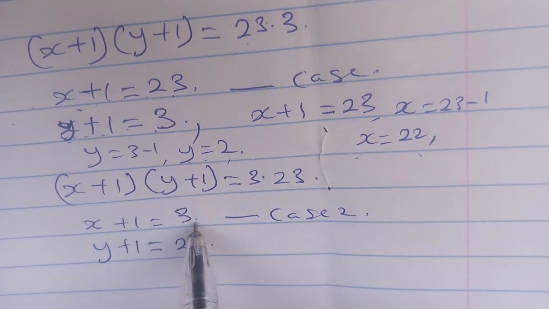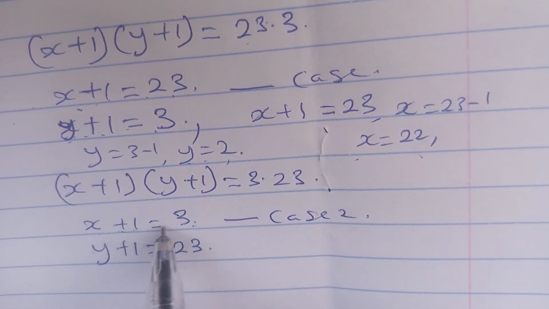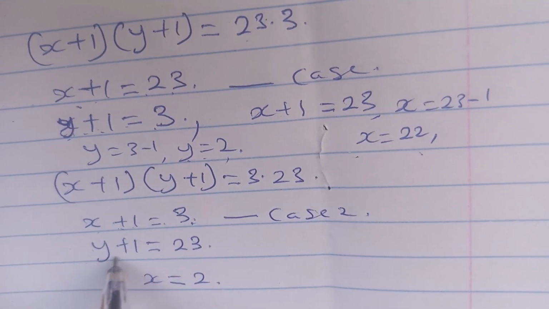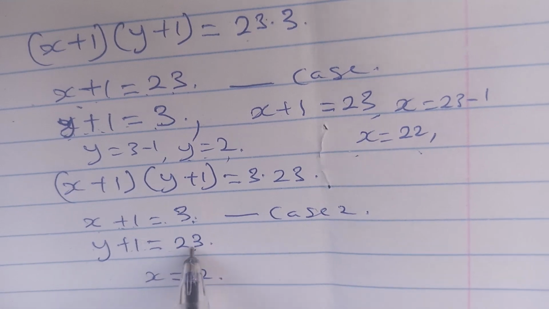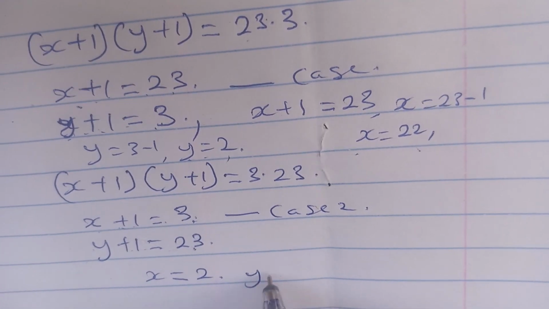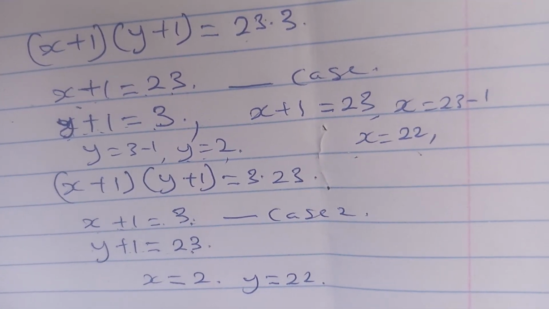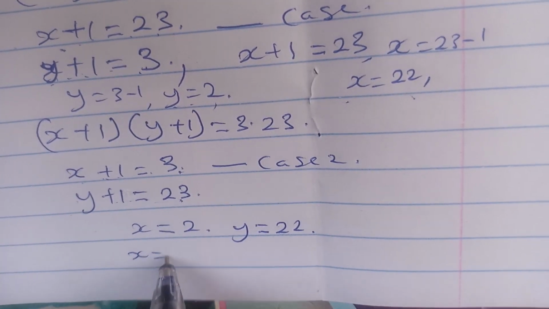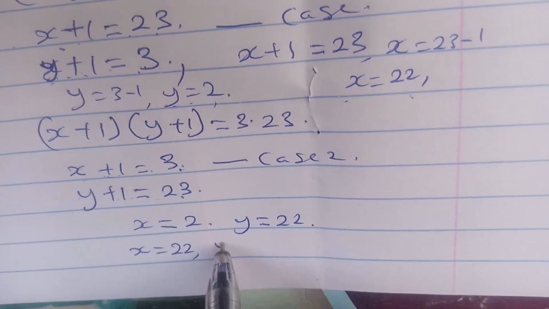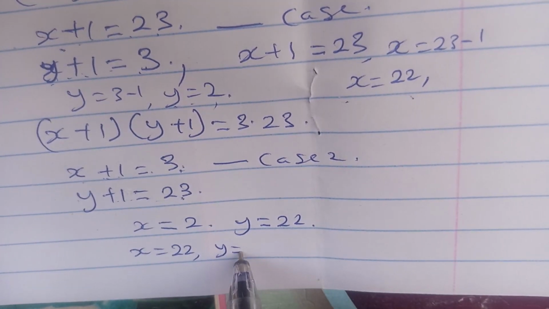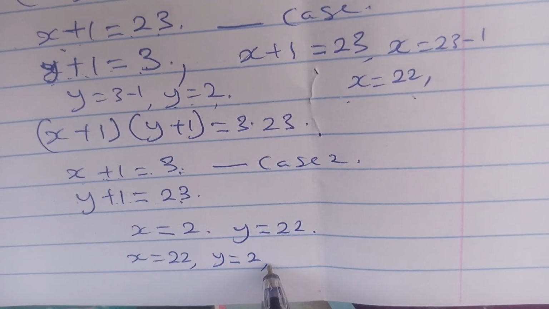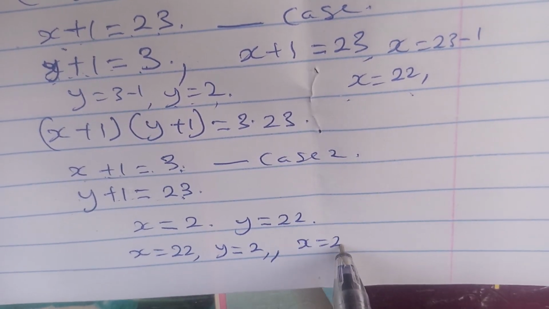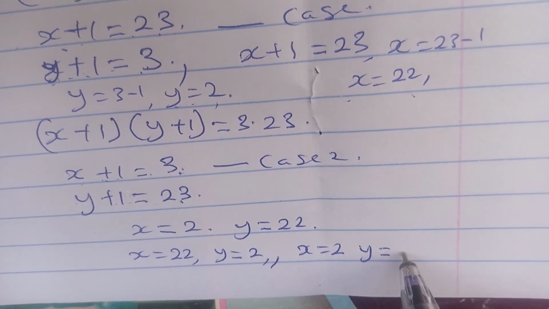Let's look at case 2, when x plus 1 is equal to 3. Therefore we can say x is equal to 2. Looking at case 2, y plus 1 is equal to 23. Therefore we can say y is equal to 22. Bringing out all the values, we can say x is equal to 22 when y is equal to 2, then x is equal to 2 when y is equal to 22.